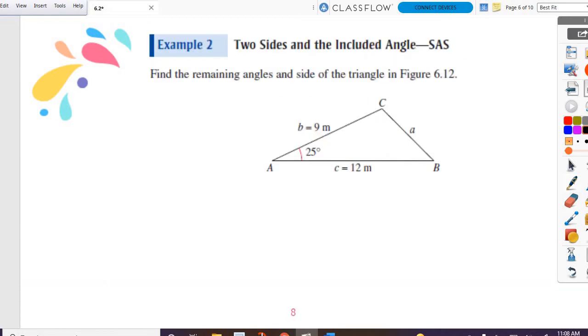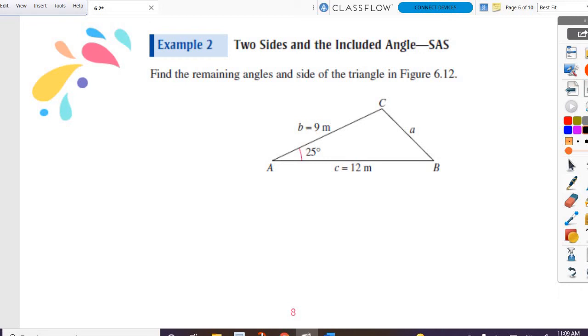We could also be given something like this, which is side angle side. So notice, can I use law of sines to solve for little a? That's the one I know the angle for, right? But the problem is that I don't know my other two angles, so I can't set up a filled-in ratio.